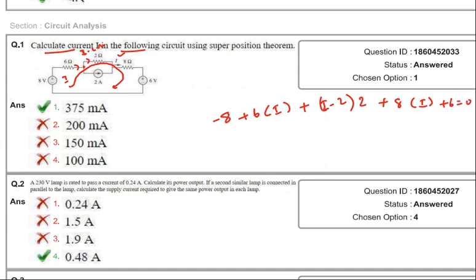This is the equation. Just apply KVL at this point and simplify this equation, and you will get the 375 milliamps current.